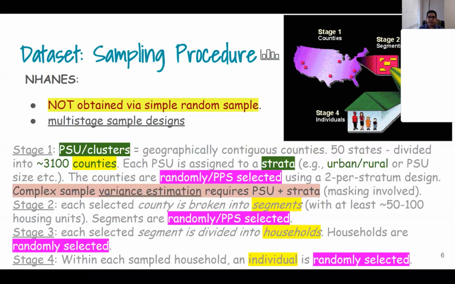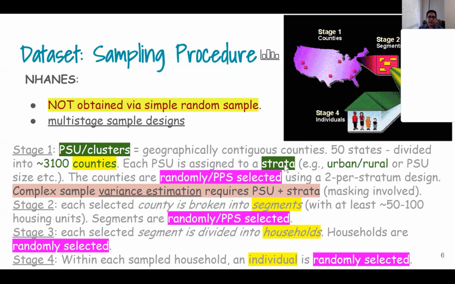A cluster is basically a county, whatever counties you have, and that was based on dividing all of the 50 states into counties. I think counties are already defined, meaning which geographical area belongs to what county. And then strata is more about homogeneity.